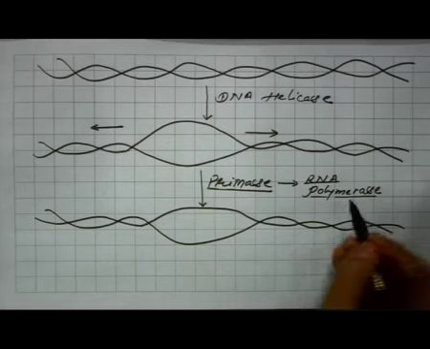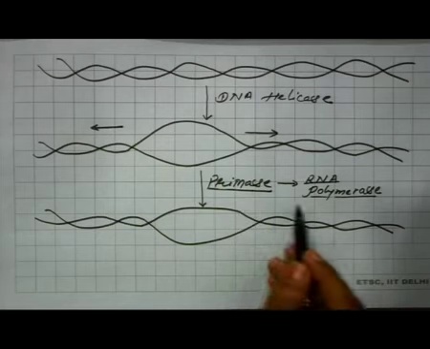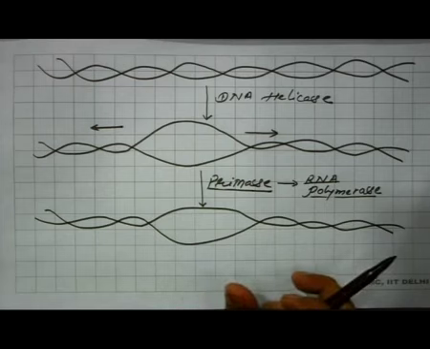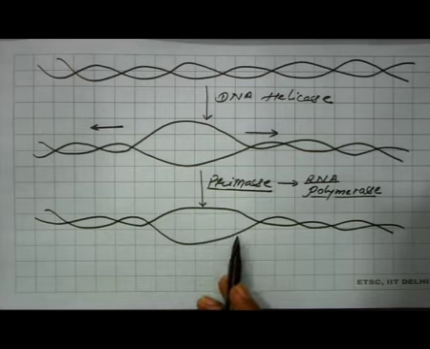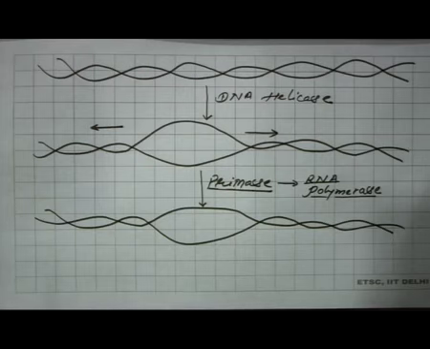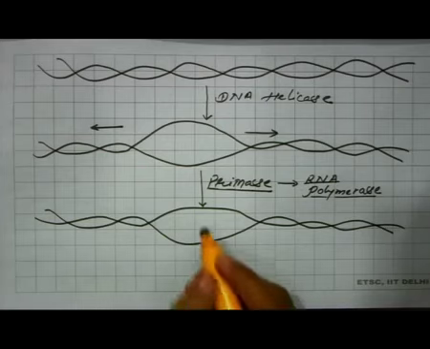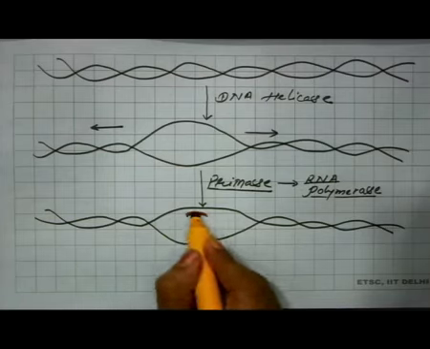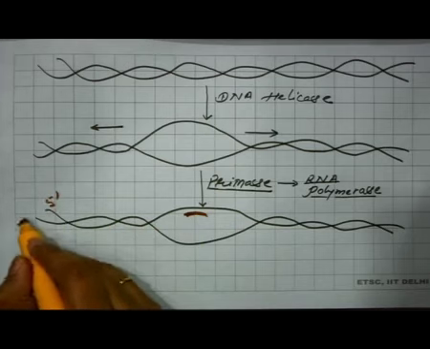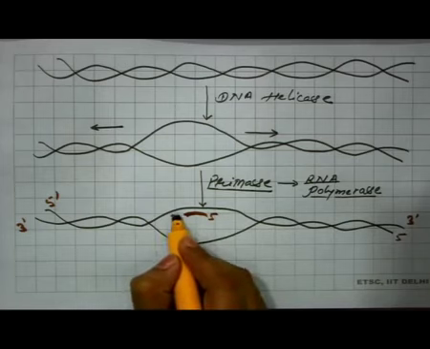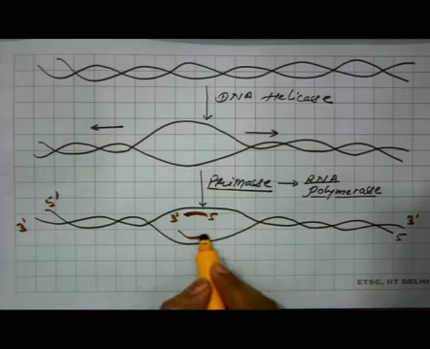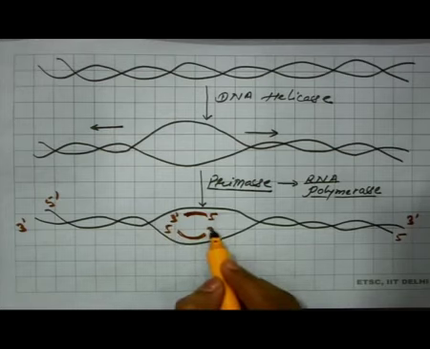Because of this reason, this primase enzyme will synthesize a short segment of single stranded oligonucleotides and provide a free 3' end to the DNA polymerase, so that the DNA polymerase can bind nucleotides at the 3' end. So, the primase enzyme will bind, suppose here it will be 5' end and 3' end, and here it will be 5' end and 3' end.